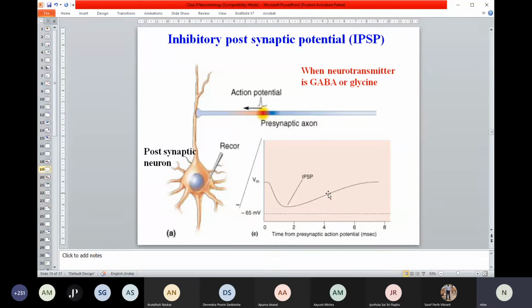IPSP stands for inhibitory postsynaptic potential. So this neuron will be inhibited. This is how we can think about it. Depending on the type of neurotransmitter, a postsynaptic neuron will be either excited, with generation of EPSP, or inhibited, because there is generation of IPSP.